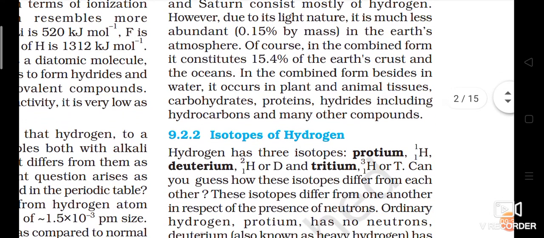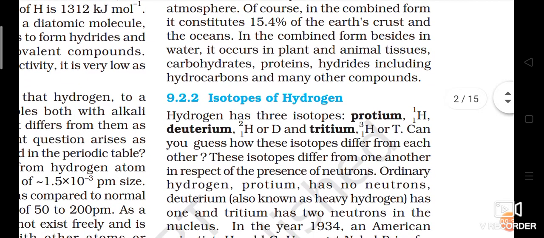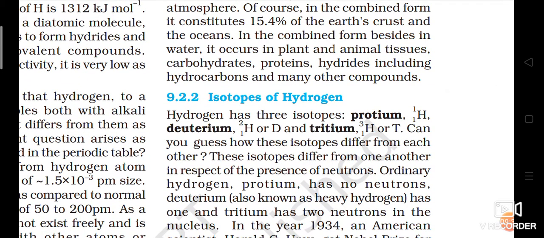The next important topic is isotopes of hydrogen. Please read this: protium, deuterium, tritium. Let me go line by line. Hydrogen has 3 isotopes: protium 1H1, deuterium 1H2, which can be symbolized as D, and tritium, that is 1H3 or T. Can you guess how these isotopes differ from each other?